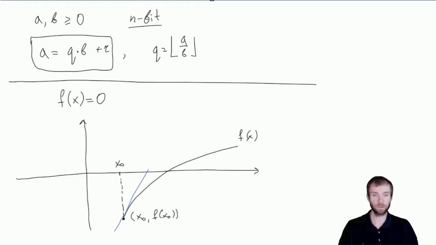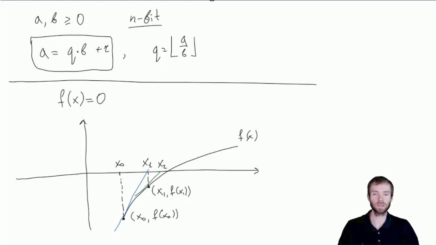This tangent line intersects the OX line in some point x1, and we now repeat this process. So we take the point with coordinates x1 and f of x1, and we draw the tangent line through this point. So this would be some other tangent line, it will intersect our OX line in point x2, and so on.